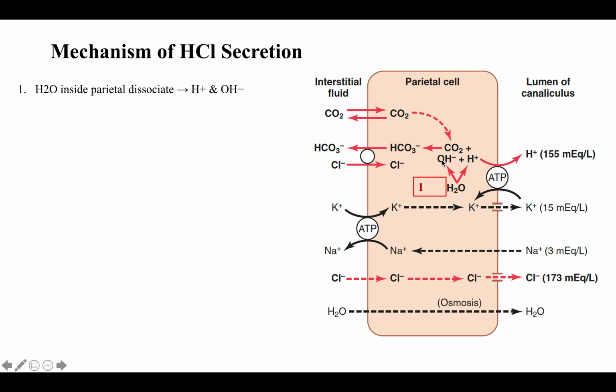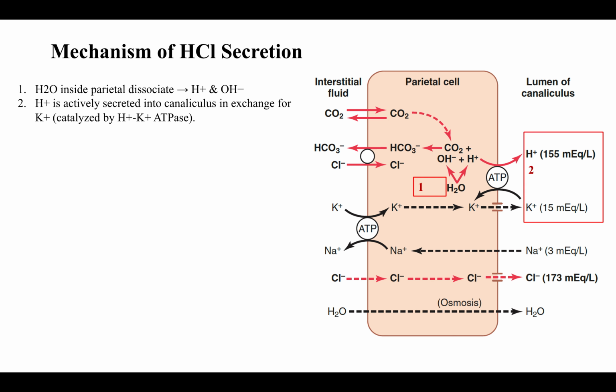Okay? Now, these hydrogen ions will be actively secreted into the lumen in exchange for potassium ion. So hydrogen out, potassium in, using this hydrogen potassium ATPase. This is the second step of HCl secretion.